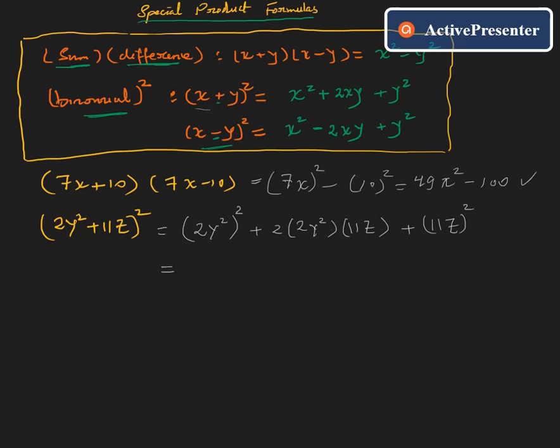So this is equal to 4y to the power 4 plus 2 multiplied in 2 multiplied in 11. This means 44 y square z plus 11 square is 121 z square.